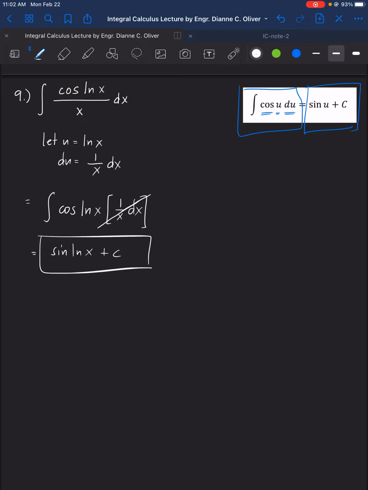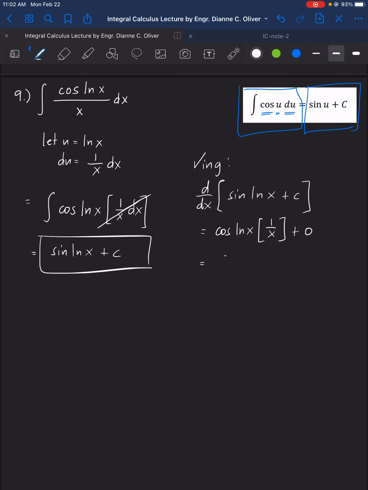Now let's see if what we did is correct. Checking by differentiation, d/dx of sine ln x plus c is equal to, the derivative of sine ln x is cosine ln x, times the derivative of the angle ln x, that is 1 over x, plus the derivative of the constant, which is 0.